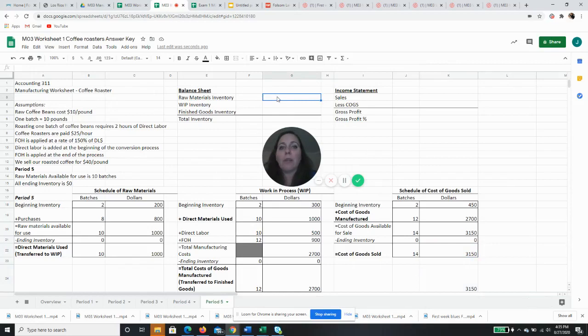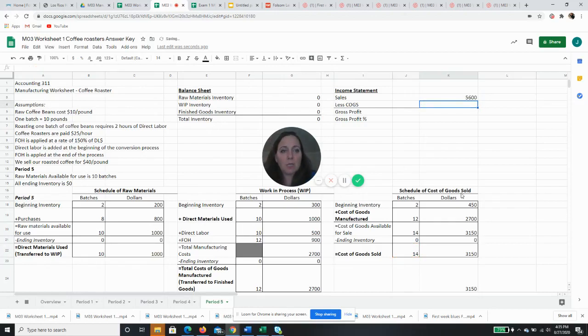All right, let's do our financial statements so that we can go home and go to bed. So, raw materials ending inventory is 0. In fact, we know all of our ending inventory is 0. So total inventory that we will report on our balance sheet will be 0. All right, our sales, we had 14 batches times 10 pounds a batch times $40 a pound.